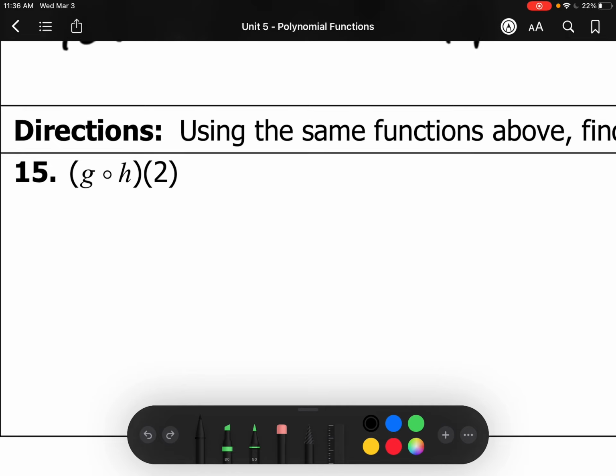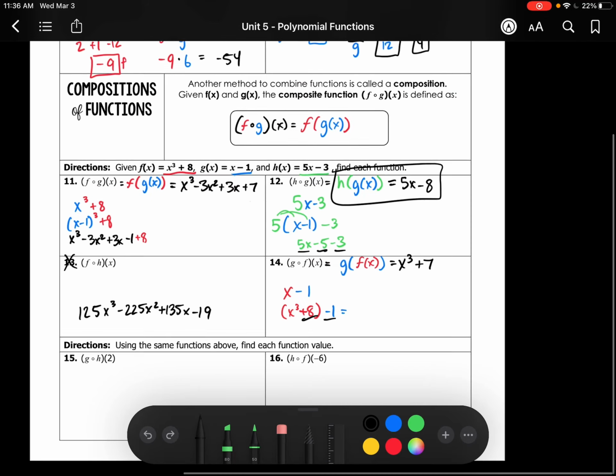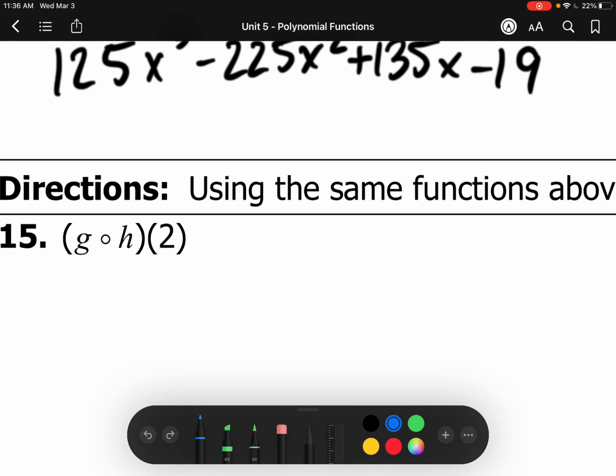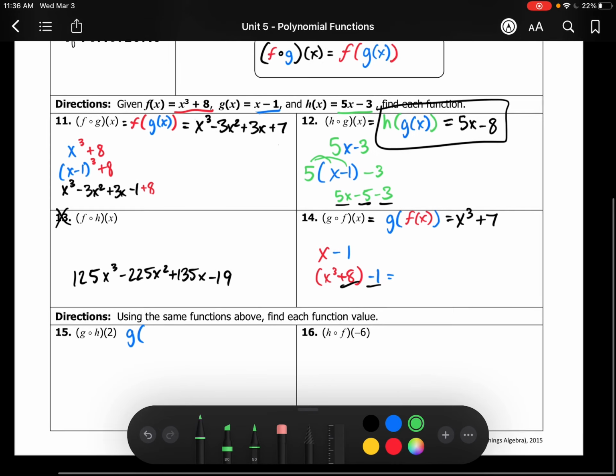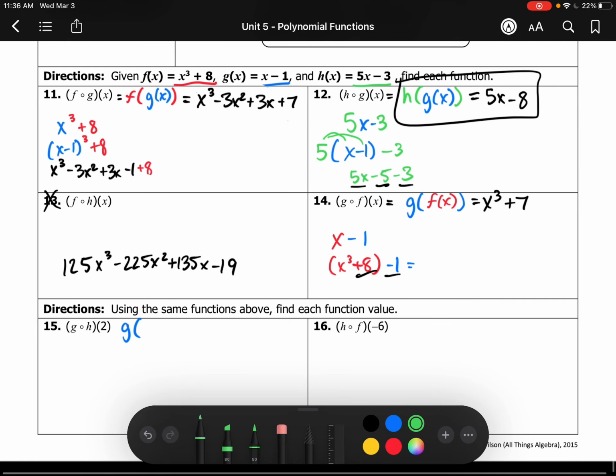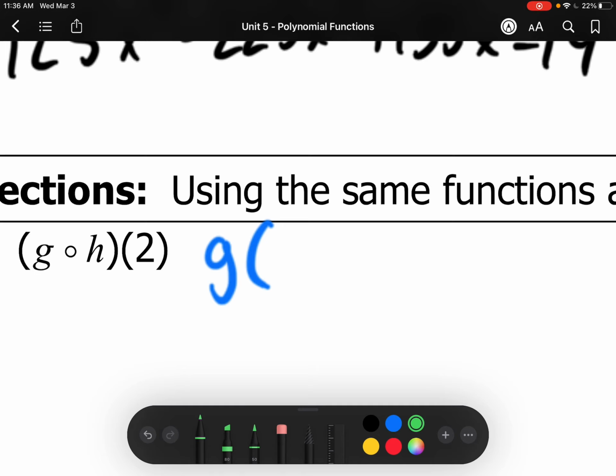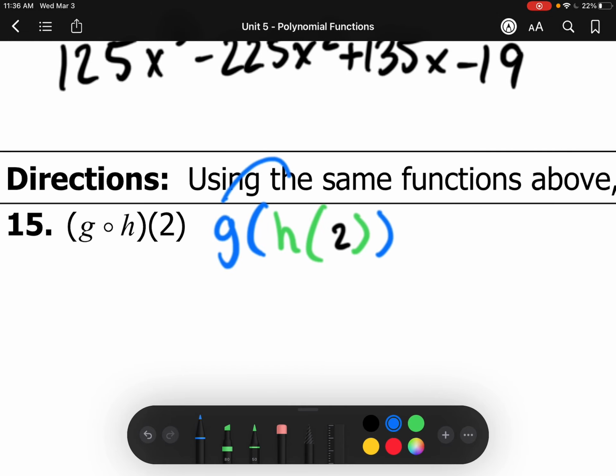So we're going to expand it the same way. Function g is in blue. So this is g of h, and function h is in green. So g of h of, instead of x though, we're going to write of 2. So this is g of h of 2, right?